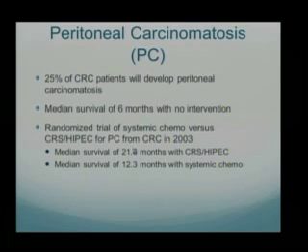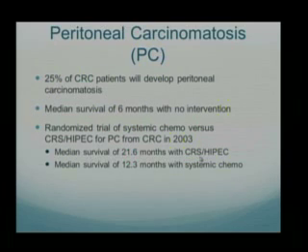There was one randomized trial that was done in 2003, which looked at patients with peritoneal carcinomatosis from colorectal cancer, and then compared systemic chemotherapy for one group of patients versus cytoreductive surgery and HIPEC for the other group of patients. And there was a clear difference in survival between the two groups.